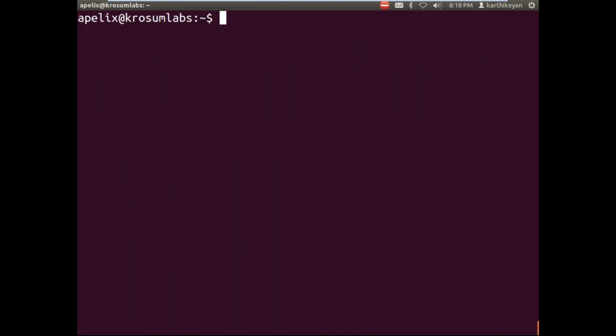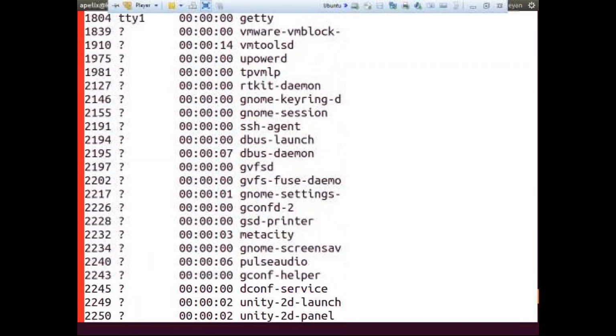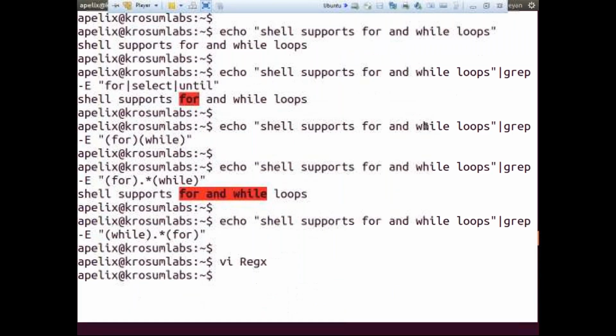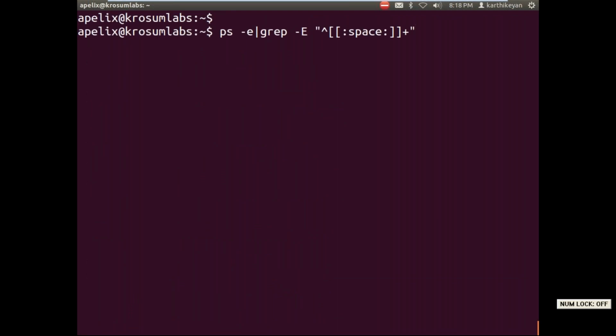Suppose I write like this: list the process lines that start with one or more spaces. How to filter? Like this. Whenever you use the plus symbol or pipe symbol, which are extended regular expression operators, use capital E, grep -E. This finds one or more spaces, so a single space or multiple spaces, all will get matched. See the example: all the spaces are getting matched. One or more spaces, then followed by any number, between 4, 5, 6. A list of all, anywhere the substring is called daemon.